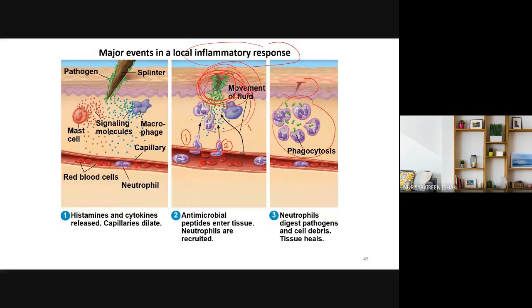So this will allow the area to heal. Okay. So itu sebab akan rasa painful. Okay, so that area will be left alone so that it gives time for the tissue to heal.